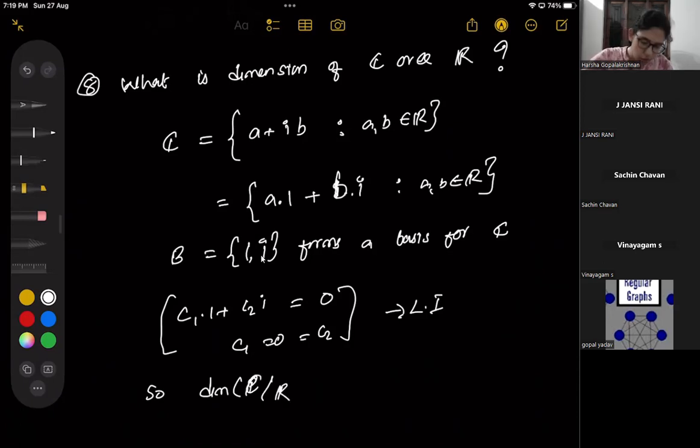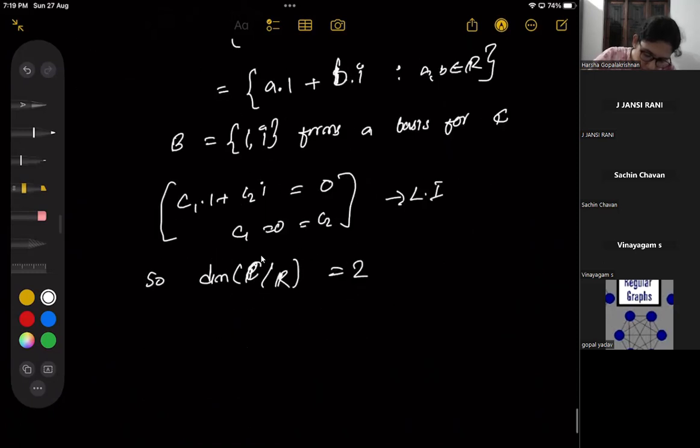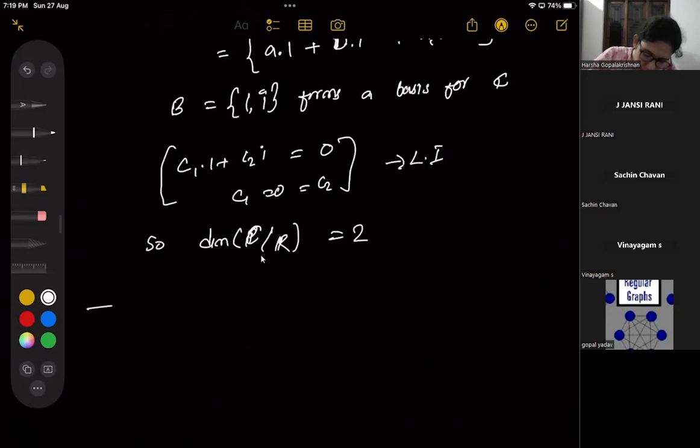Okay, now coming to the next question. What is the dimension of C over C? Earlier, the field was R, so C over R. Now I'm just modifying the question.